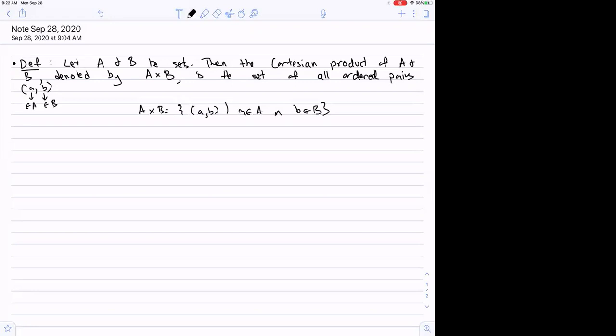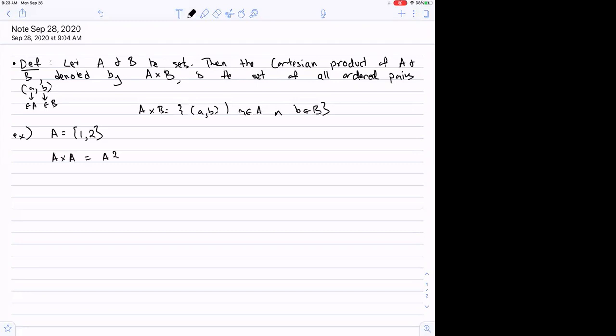So we'll do an example to review. This is going to be just a simple example. Suppose that A is equal to {1, 2}. Then we want to find A cross A, which we can also write as A squared.